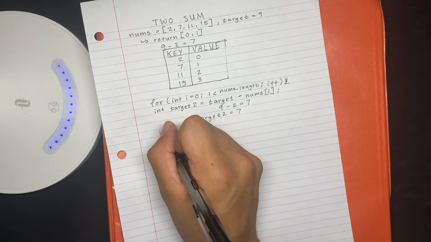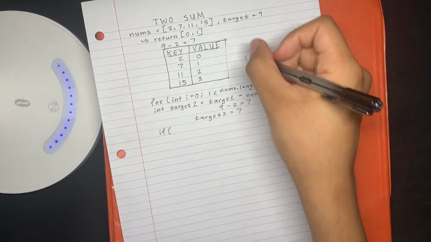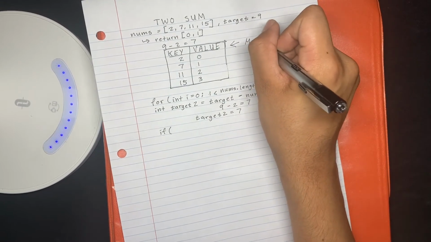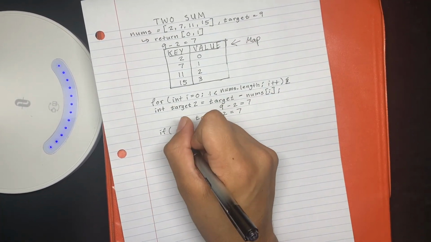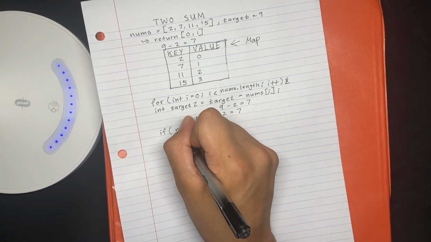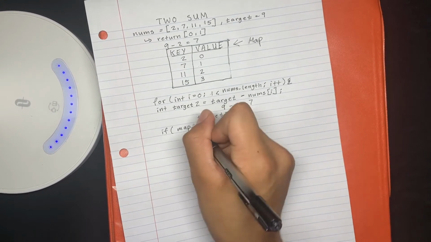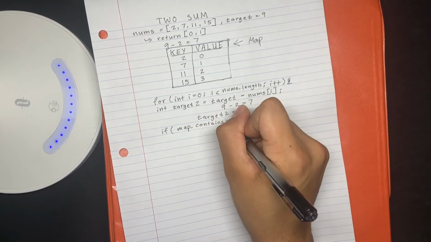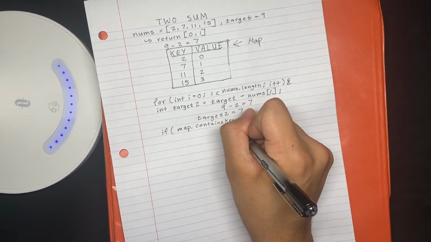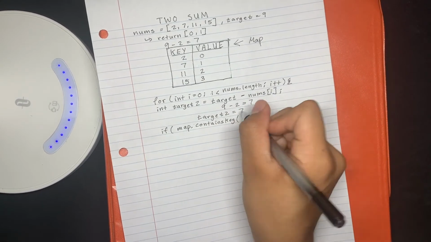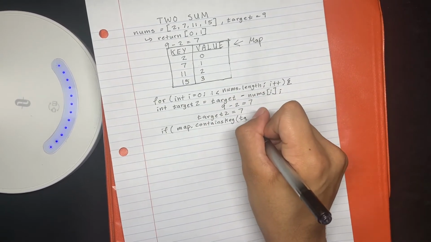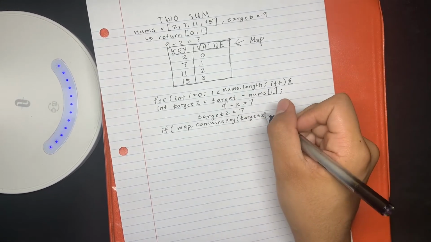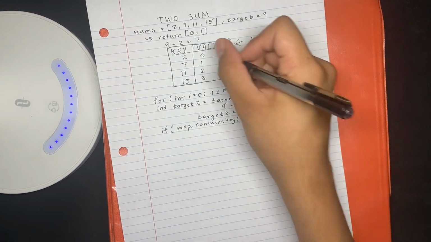Okay, once we have done this, we're going to do an if statement. Inside this if statement, we're going to use the map, so we're going to do if map.containsKey(target2). If the map contains this number, target2, then we know it's in here.